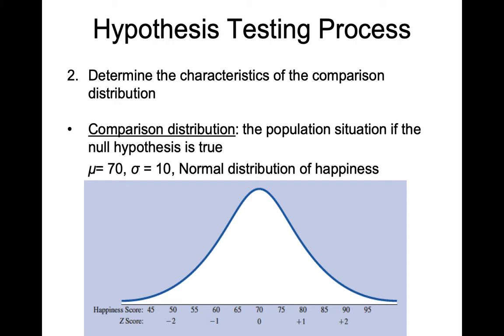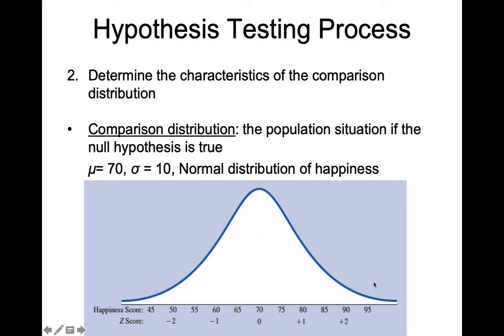And so this kind of lets us know what happiness scores are typical and what happiness scores are less typical. So we can see that among people in general, which we're saying would also be the case if money has no effect, it's very typical to get a score somewhere in the range of 65 to 75, with the most typical score being a 70.